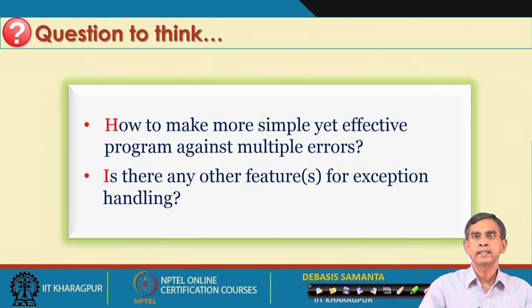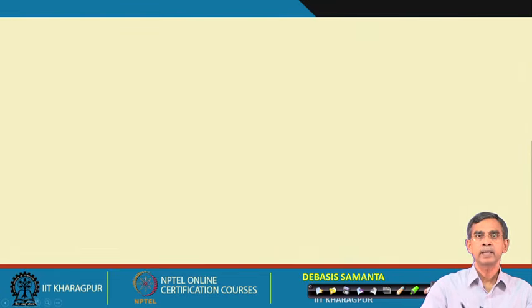We have learned about try catch, but there are a few more features which make writing programs more effective. All these things will be discussed in our next module, and thank you for your attention.